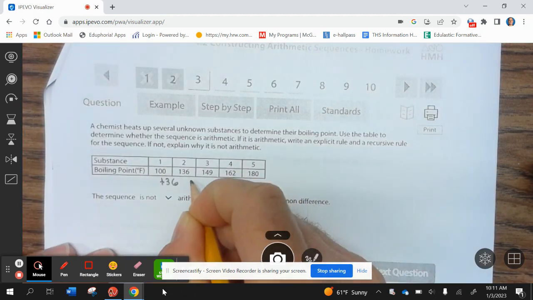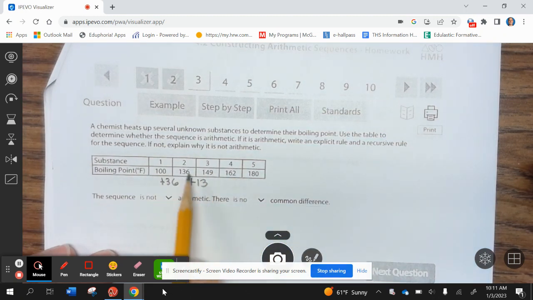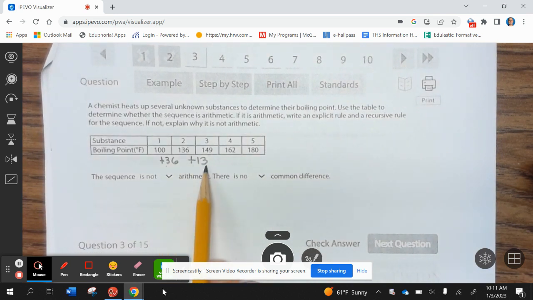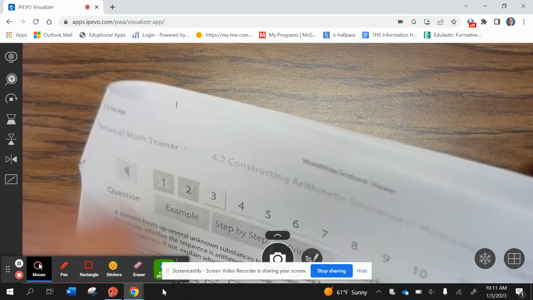And here we add 13 to get from 136 to 149. Well, these numbers are not the same, so the sequence is not arithmetic and there's no common difference. All right, let's take a look at the next example.